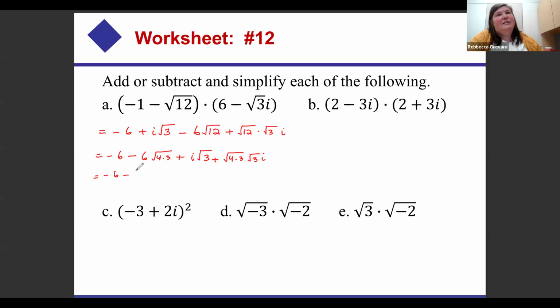So that's a square root of 4, so this would be 2 square root of 3 if we simplified it. Same thing here: square root of 4 times 3 is just really 2 square root of 3.